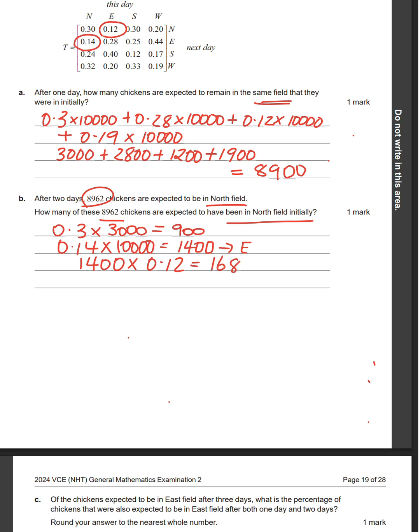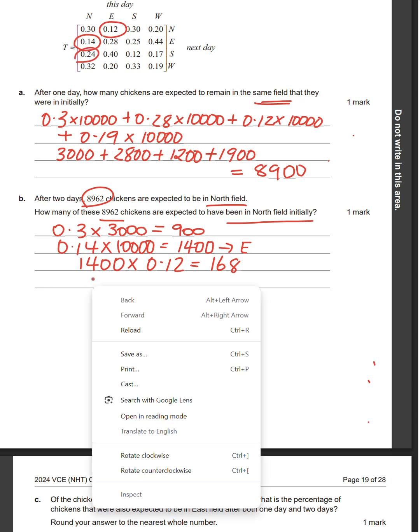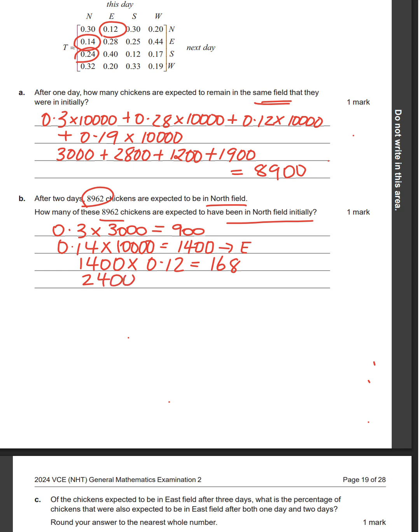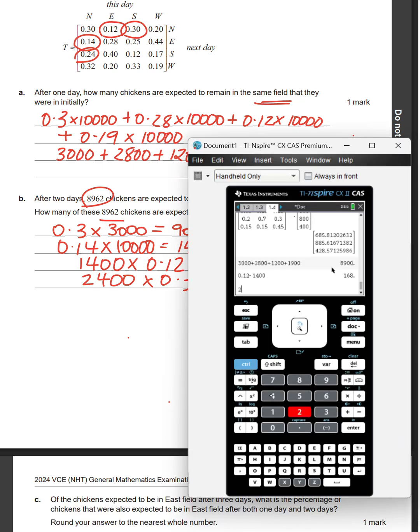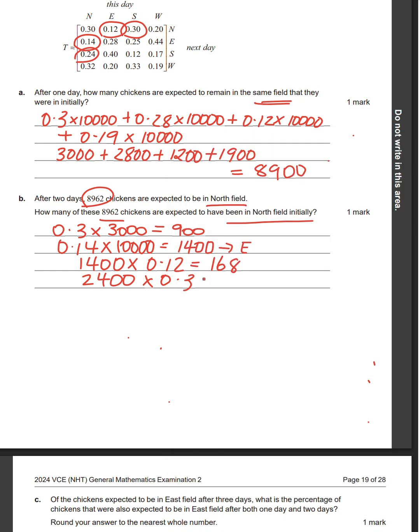Okay, and then we follow that same process for all the rest of them. So we had 24%, so that is 2,400 that went to south, and then south that went back to north is 30%. So 2,400 times 0.3 is 720.